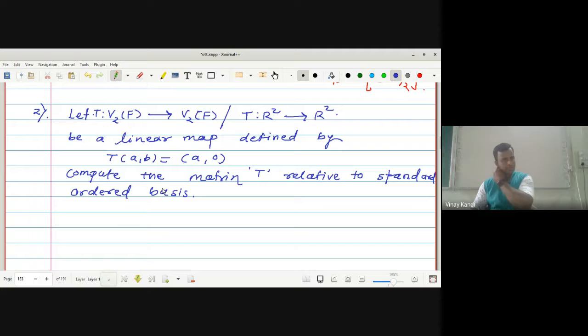Okay, we have to compute the matrix T relative to the standard ordered basis. Solution. Okay, so basis, standard ordered basis for the V2. Okay, what is V2? V2 is nothing but R2. So this is the basis set 1 0 and 0 1. This is the standard ordered basis for R2.